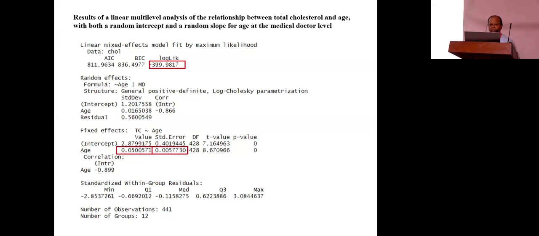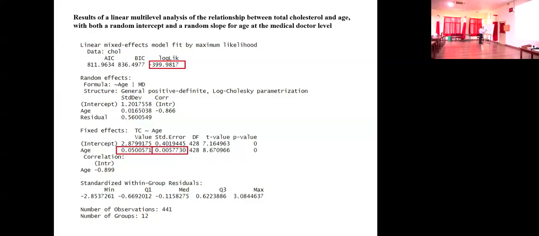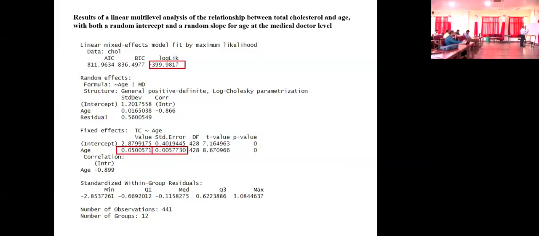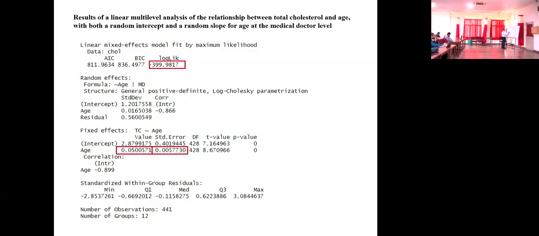Same data. Jyoti, you have random intercept model. Can you please check? 404? 404. Okay. So this is 399, almost 400. This is random intercept and random slope model. So random intercept model is 404.